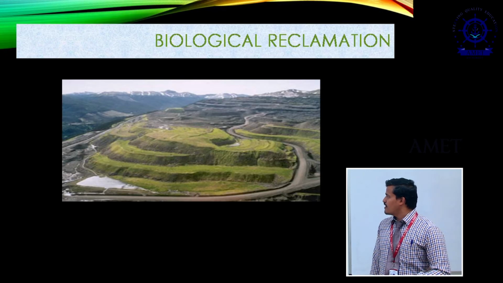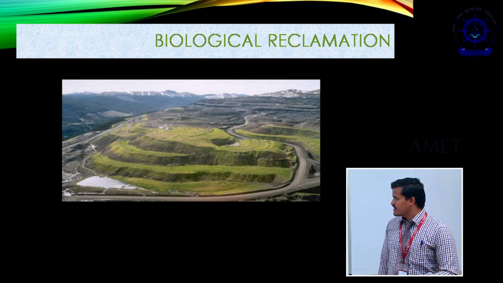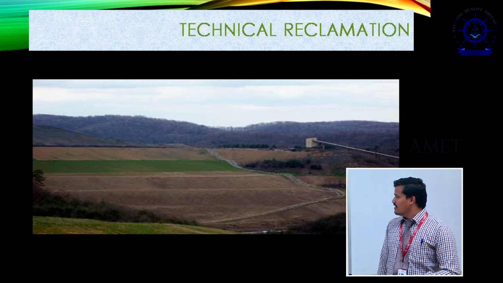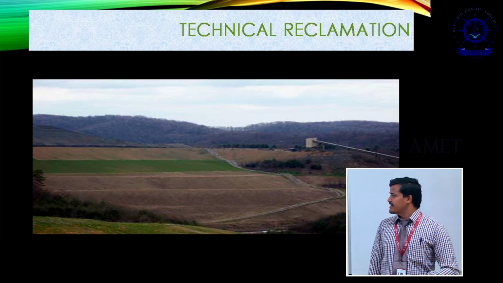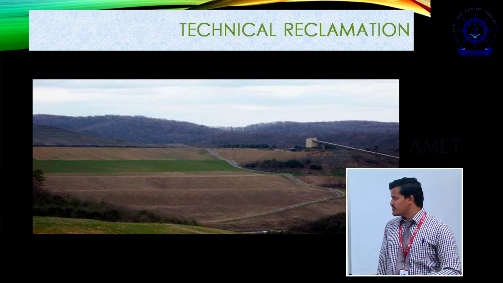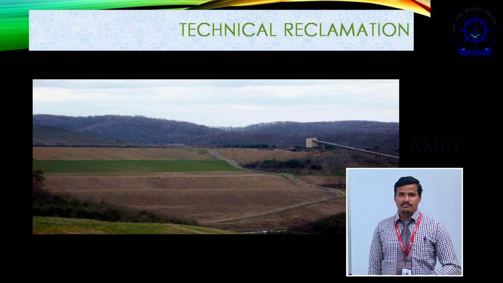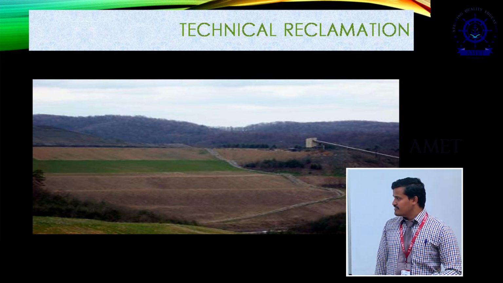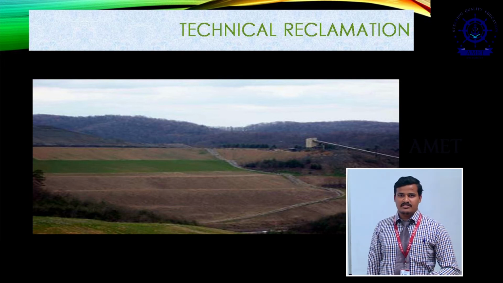And this is another biologically reclaimed area, where we can see that lawn has been grown and they have started reclaiming the area, but the mining operation is still going on. And this is a typical example of technical reclamation, where there is no biological involvement. They have just used a dozer to maintain the slope and height of the bench and make it look pleasant.